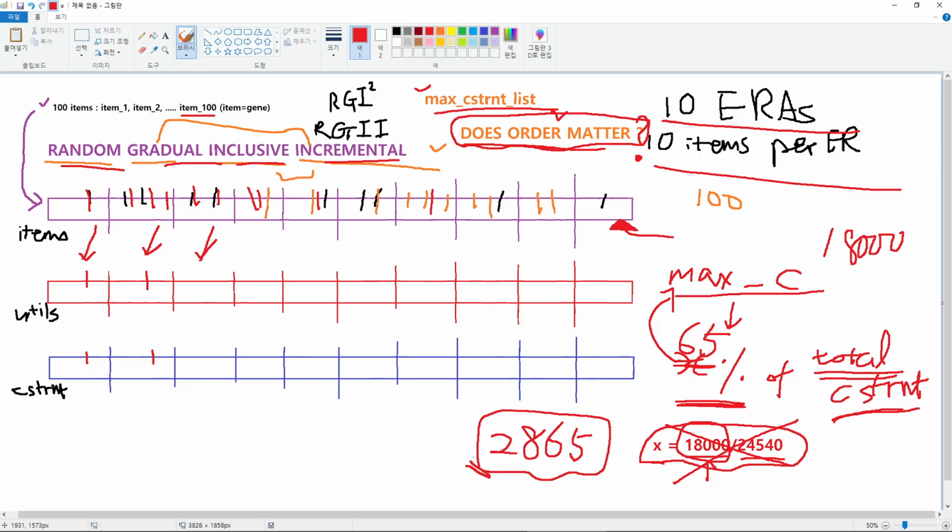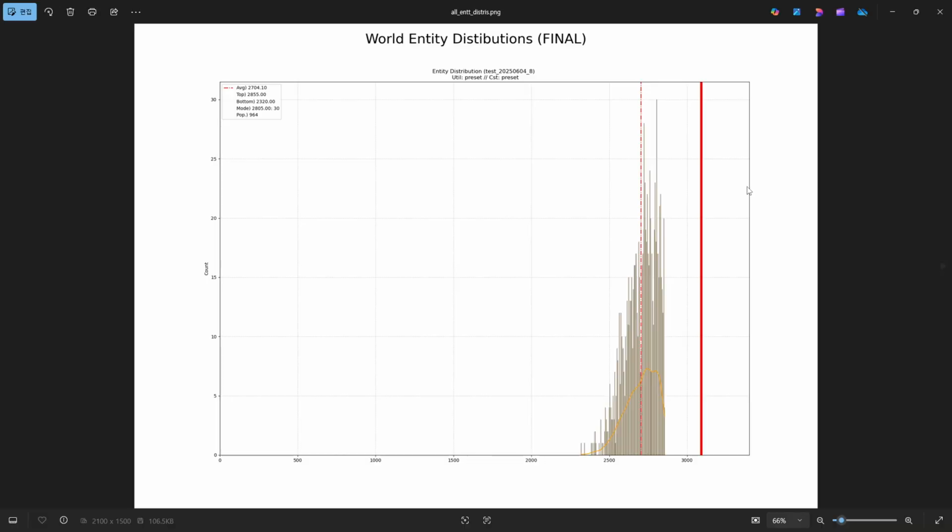Because I want to know if they have converged, so I want to stick to a known value. So it would be 65% times total constraint all the way from era 0 to era 8, except for era 9, the 10th era, it will be 18,000. Okay, and here are the distributions.